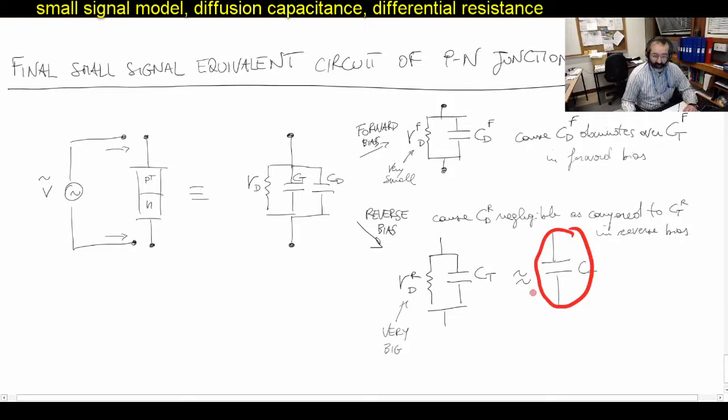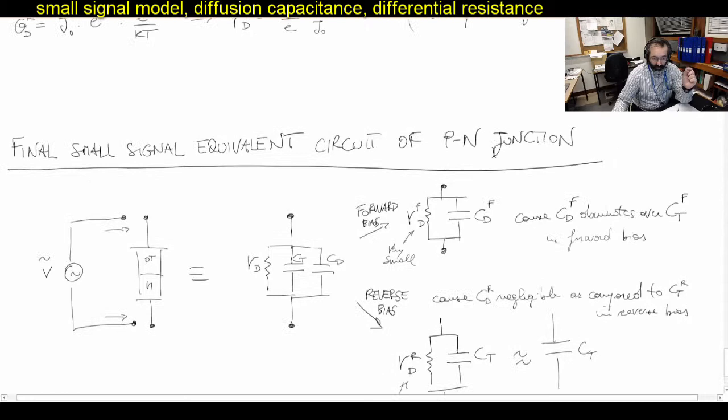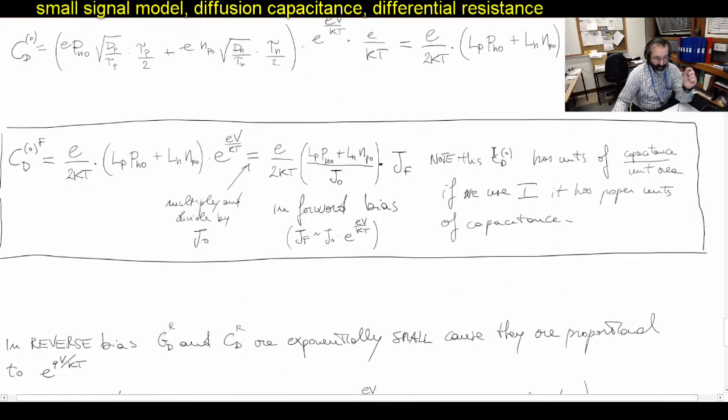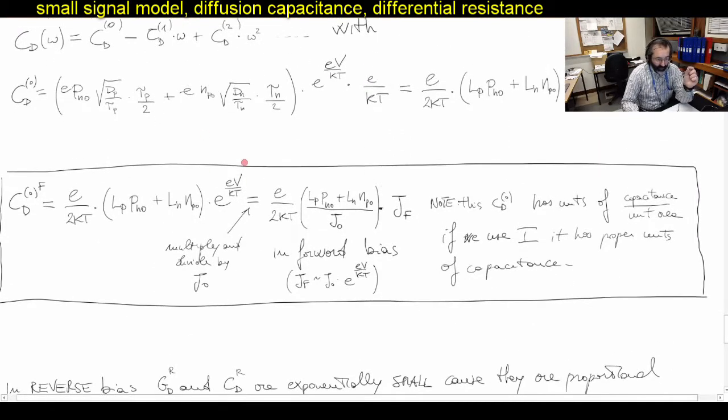Remember that both the depletion capacitance and the diffusion capacitance depend on the DC voltage of the quiescent point. So regarding the diffusion capacitance, remember that this is the voltage of the quiescent point on the curve.